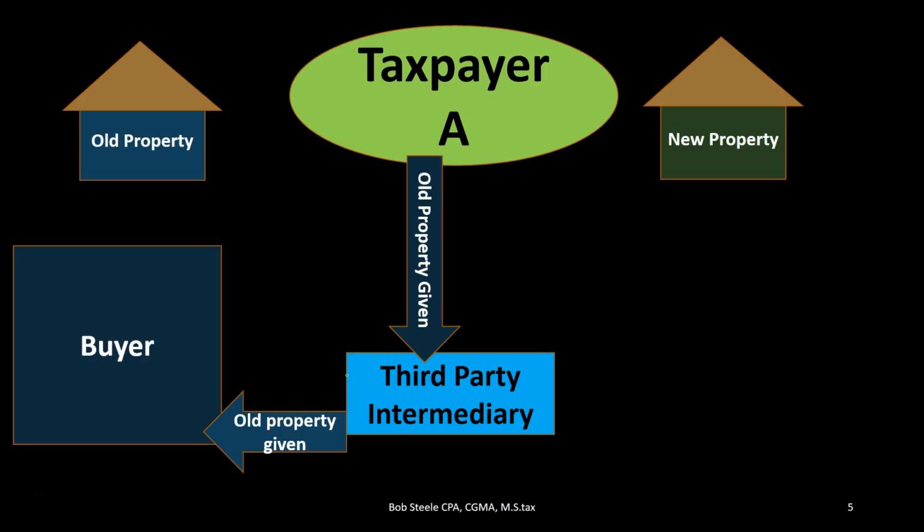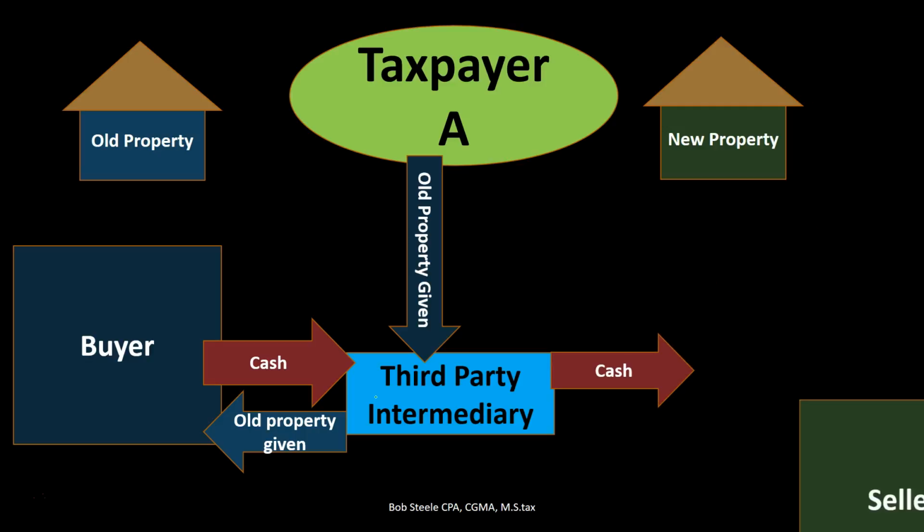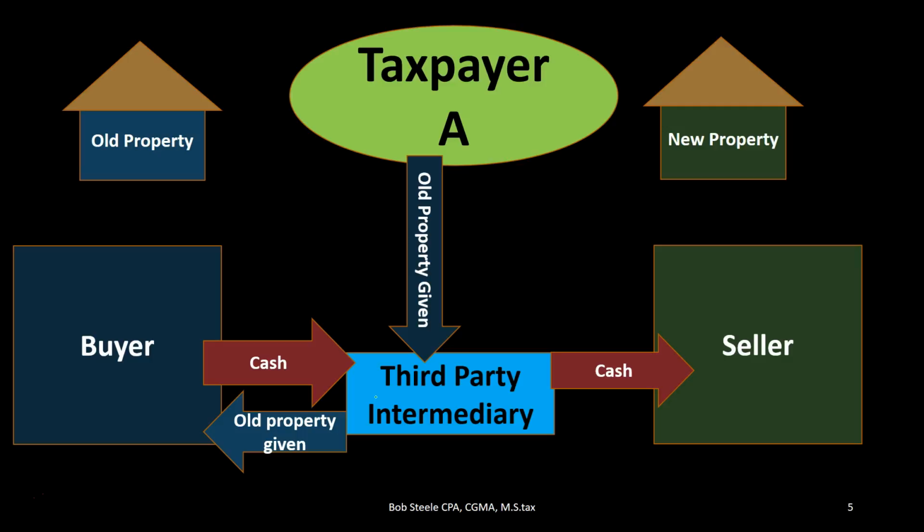So they're going to give your property to the buyer, so our property to the buyer. Then we get the cash to the third-party intermediary. Notice that we, the person that is facilitating the exchange, isn't really getting the cash in this case. It's going to the third-party intermediary, who then takes that cash and buys the new property from somebody else.